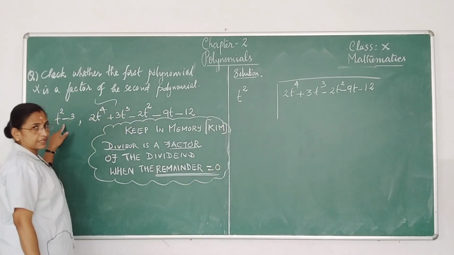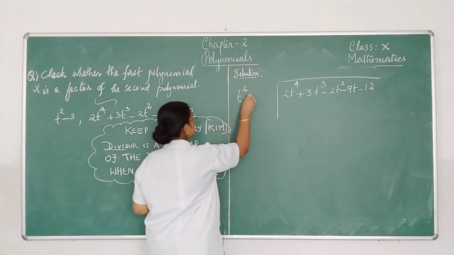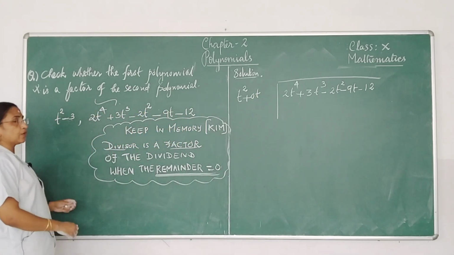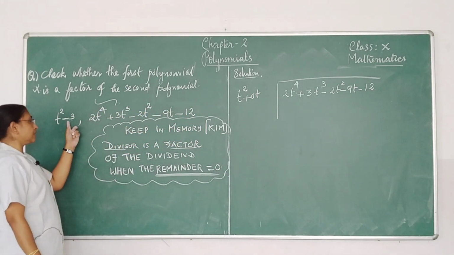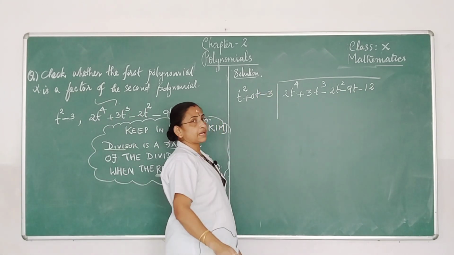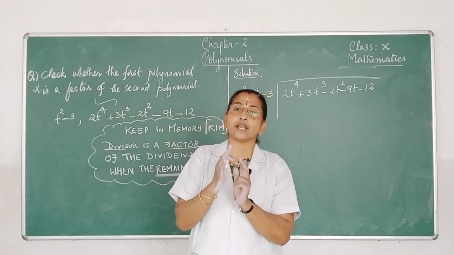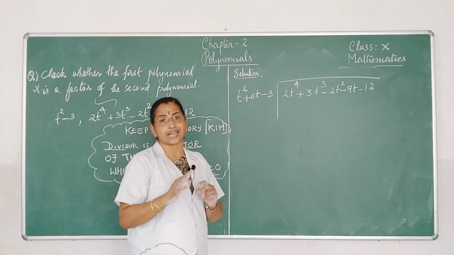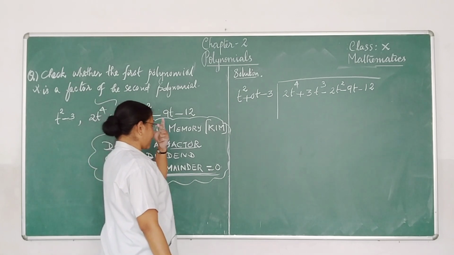T term is absent here, so I am going to write it as plus 0t. This will help you to divide very easily. The last term is the constant term minus 3. So remember, before doing the division, the dividend polynomial as well as the divisor polynomial will be written in the standard form. Okay, now we can divide.